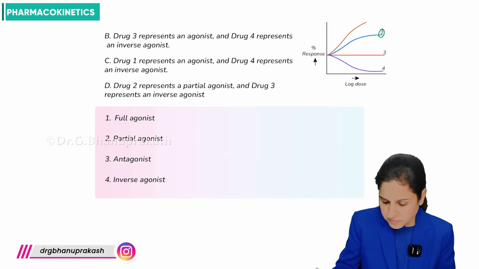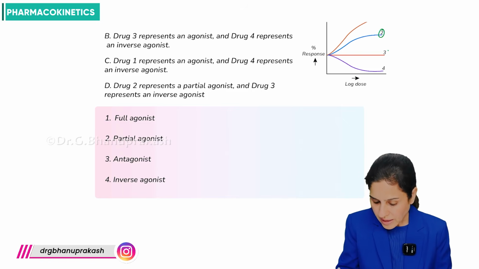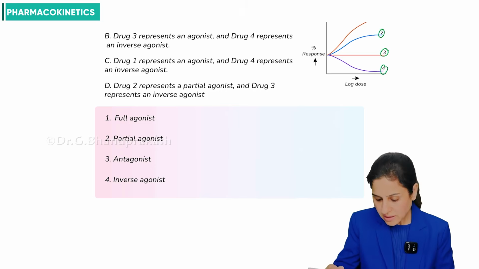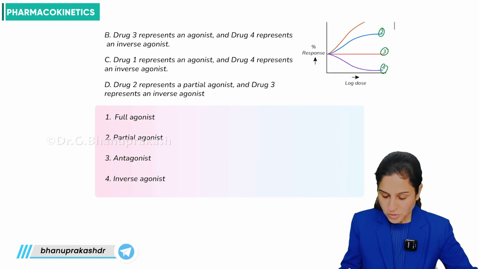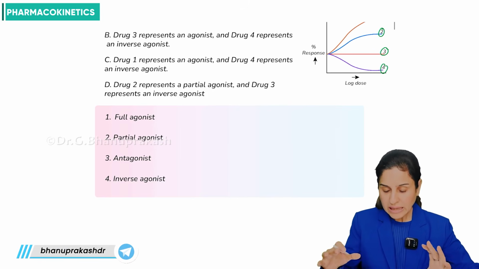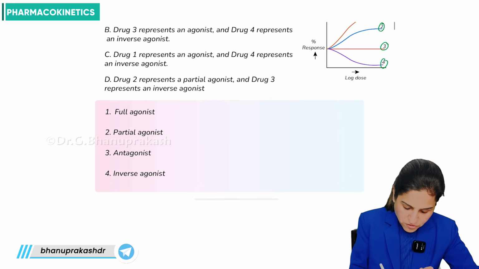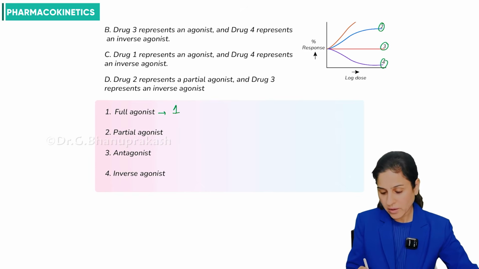Number 2, the response is there, but it is less than the first. Number 3, you don't see any response. And number 4, you see the opposite response, right? So a graph which has the maximum response is a full agonist curve, right? So number 1 is your full agonist.